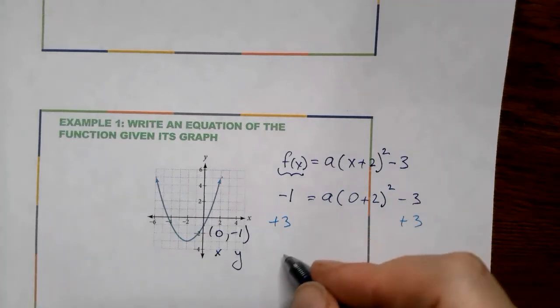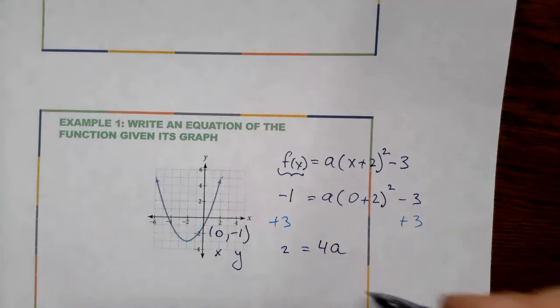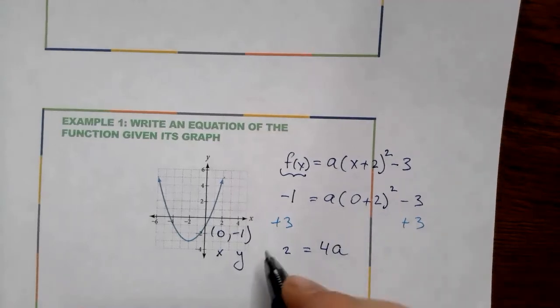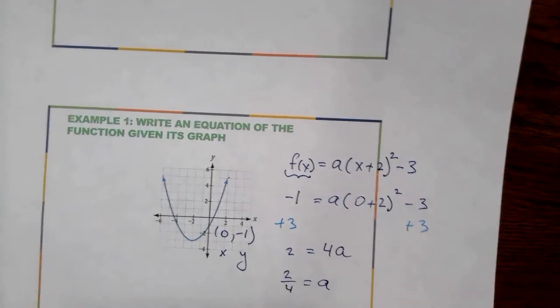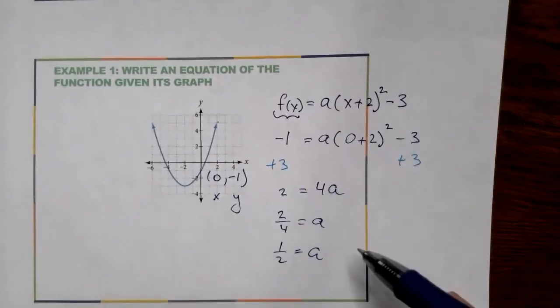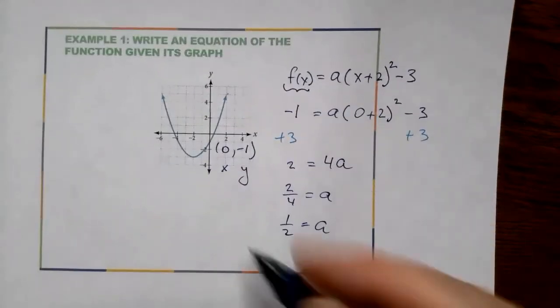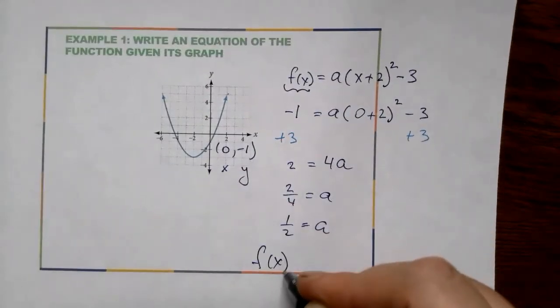I get 2 equals 4a, and dividing both sides by 4, I get 2/4 or 1/2. So now I can go back and plug it into the equation and get the final form.